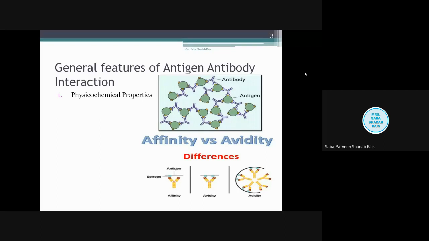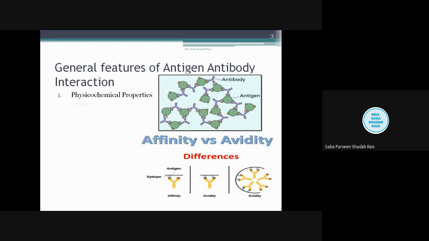It is not that they will have only hydrogen bonding; they may have hydrophobic interaction, van der Waals forces, and electrostatic forces. All the forces can act together and keep this antigen-antibody binding together very firmly and very tightly.